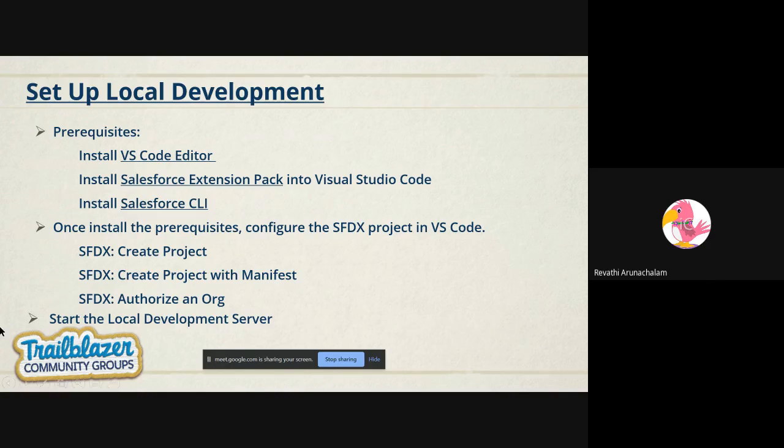But we should take care that we don't authorize the production org, because it will lead to mistakes. So don't do that. Once we are done with all the above steps, we can start the local development server.